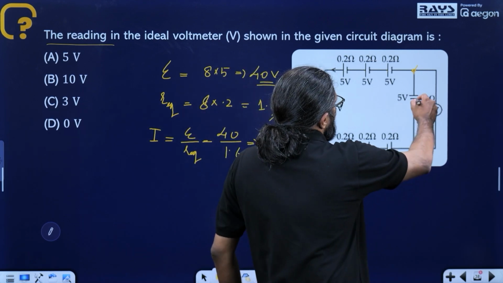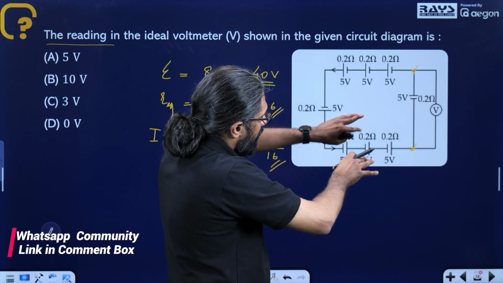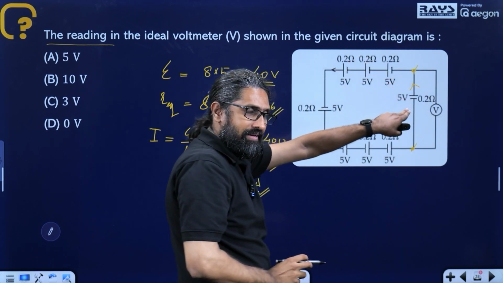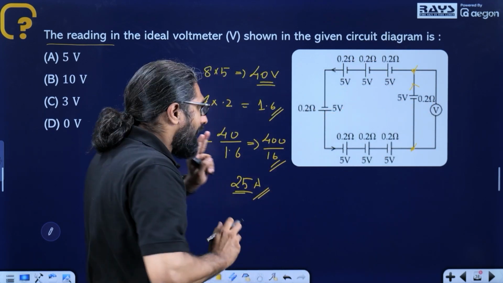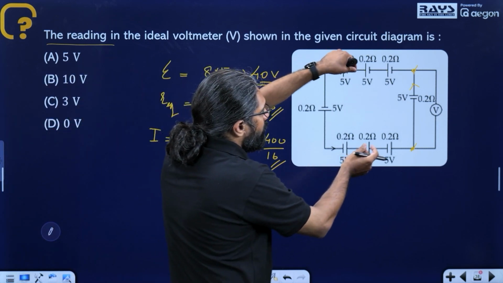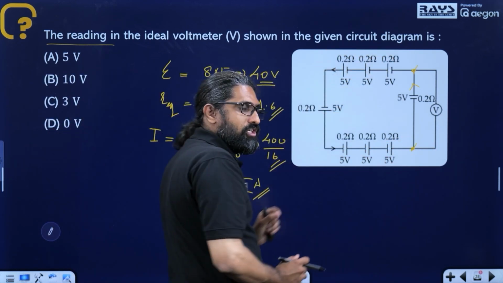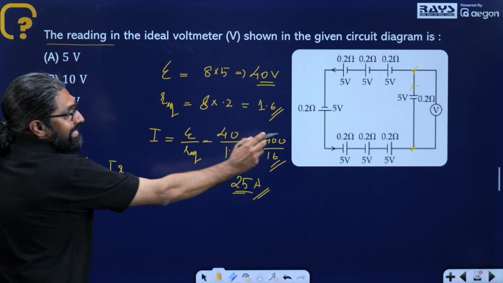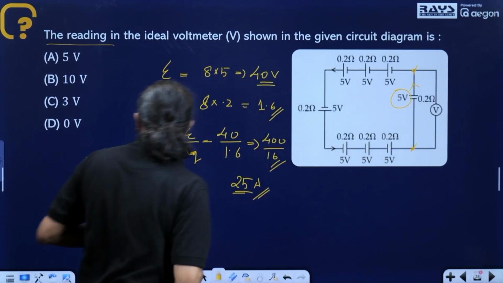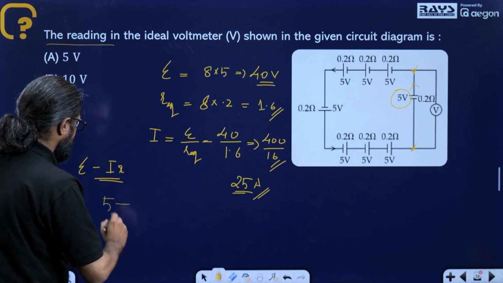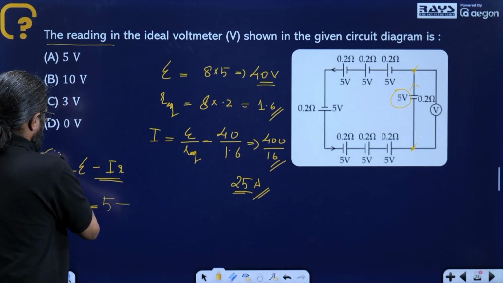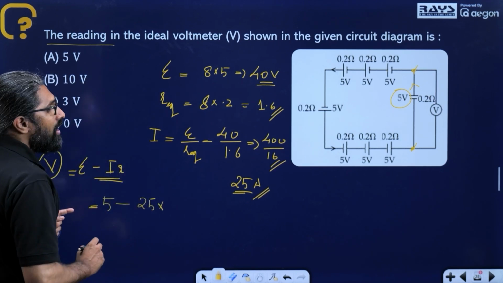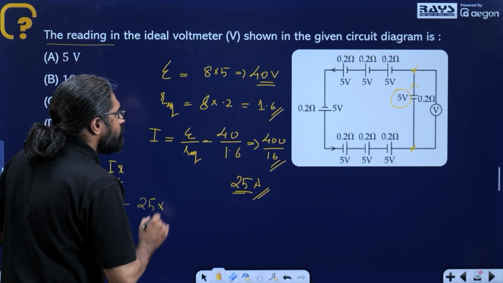Now, the battery here is discharging. The current is going out of the positive terminal of this battery, so the battery is in the discharging condition. In that case, the terminal potential is exactly what is being measured by this voltmeter. Terminal potential will be equal to E minus IR. E here is 5 for this cell alone. So 5 minus I is 25 into R is 0.2.